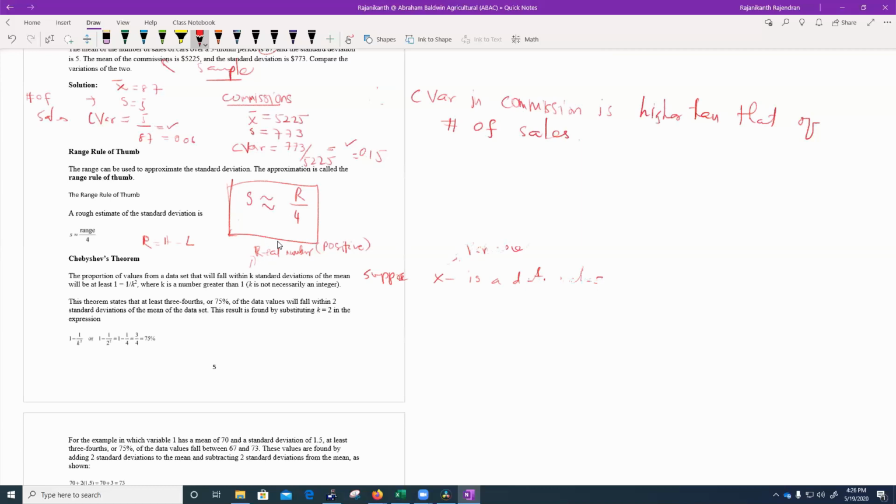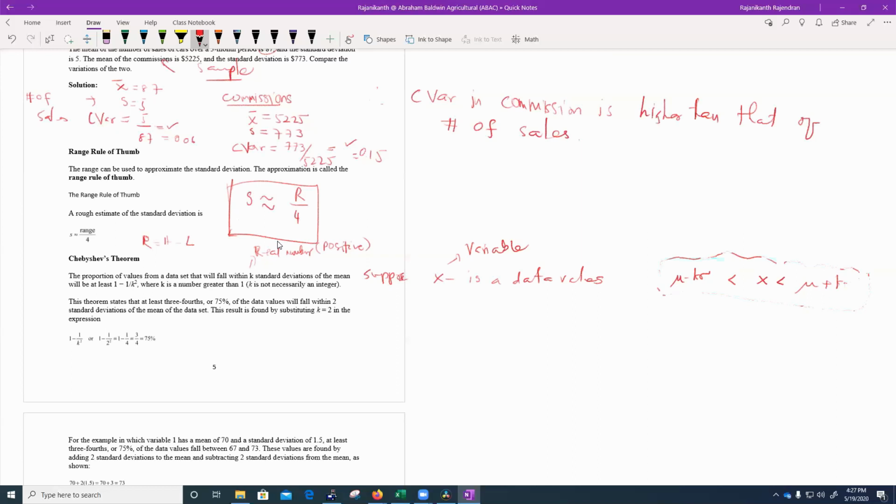So this theorem says that you could find the data values between mu minus k sigma and mu plus k times sigma. I have just summarized that expression in this.